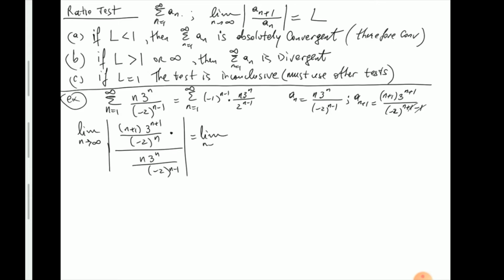When you divide by a fraction, it's like multiplying by the reciprocal of that fraction. So it's multiplied by the reciprocal of an, minus 2 to the n minus 1 over n 3 to the n.